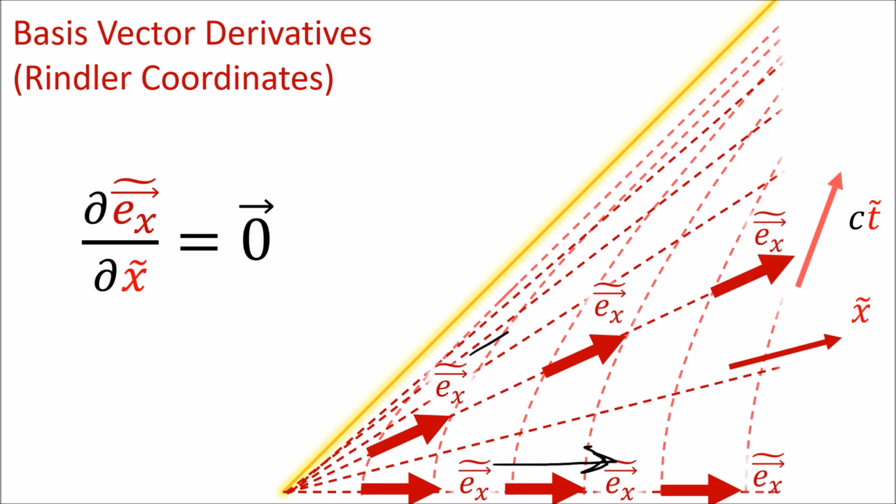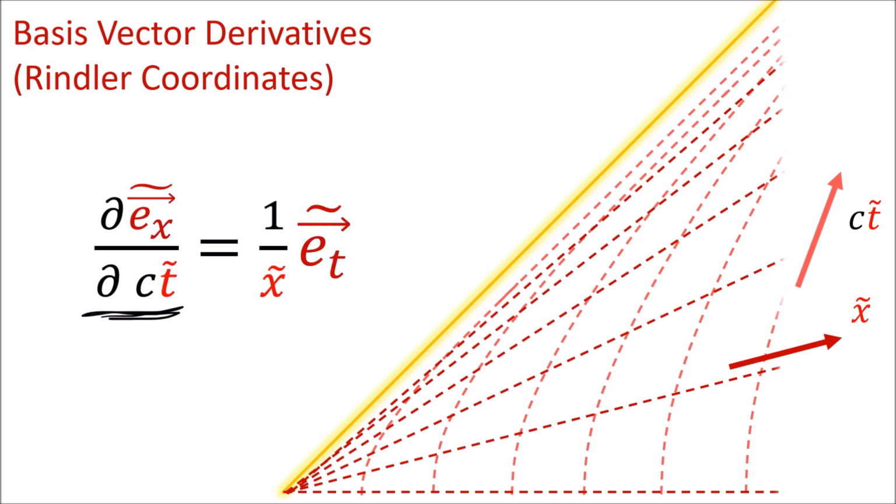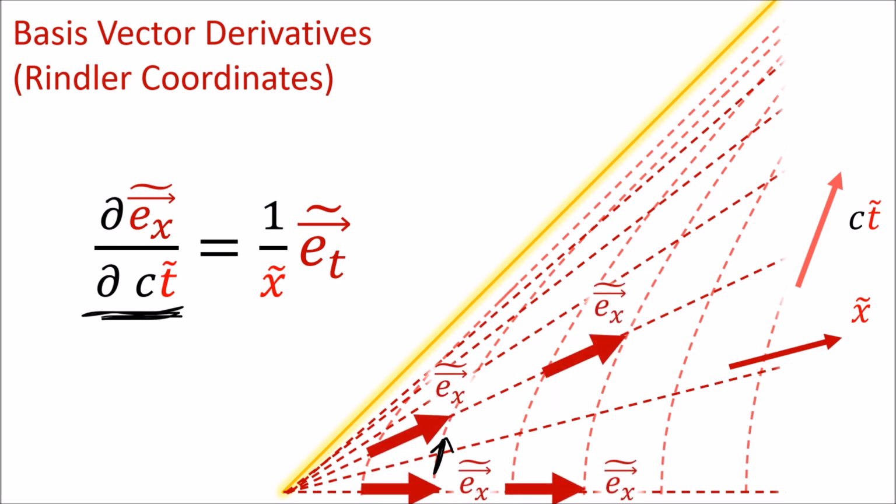So it does not change in the x tilde direction. And if we watch what happens to the e_x tilde basis vector when we move along a ct tilde coordinate curve, we see that the vector begins to tilt in the e_t tilde direction, which is why the result of this derivative is a vector in the e_t tilde direction.